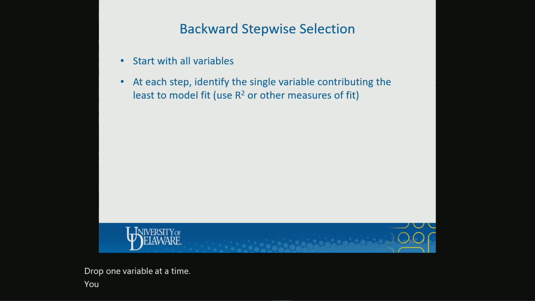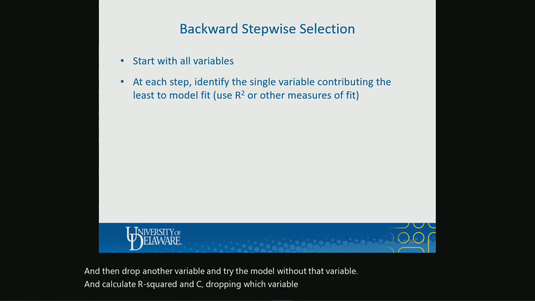You drop one variable and try the model without that variable and calculate R squared, and then drop another variable and try the model without that variable and calculate R squared, and see dropping which variable results in the least reduction in R squared.